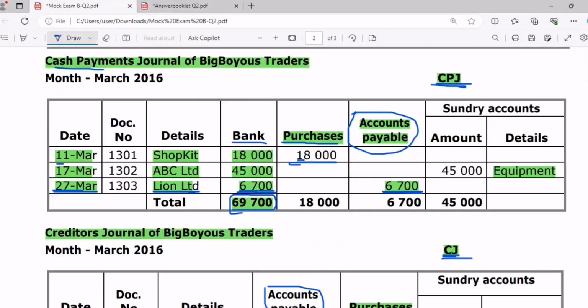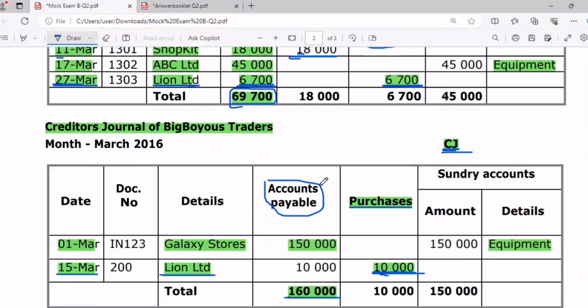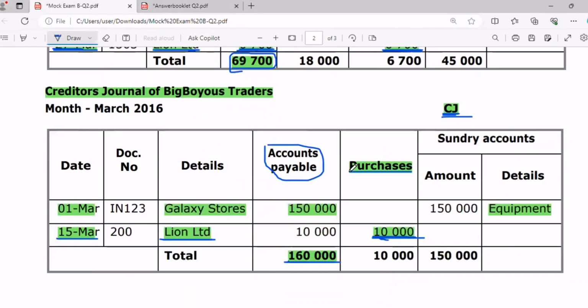Do we have any other purchases that we made? Yes. So we have purchases of 10,000 which were made on credit. So the date of the transaction is 15th of March.